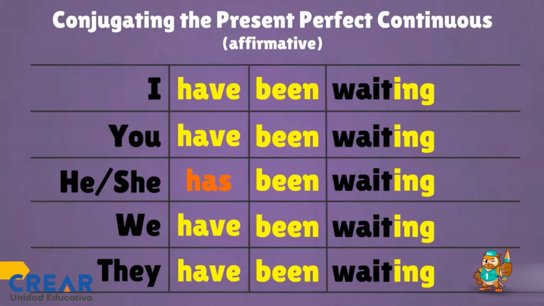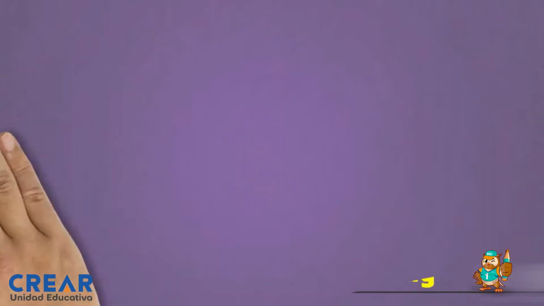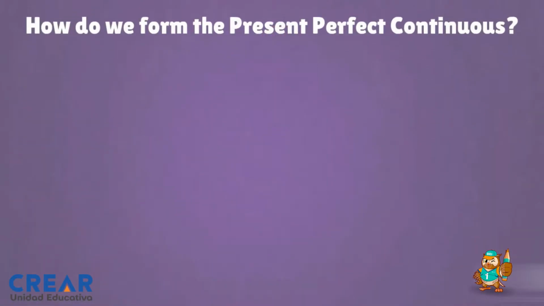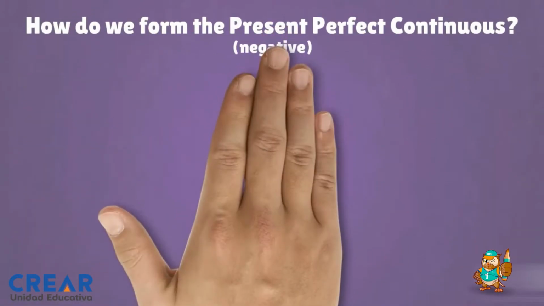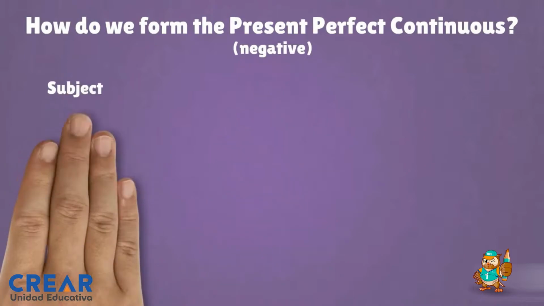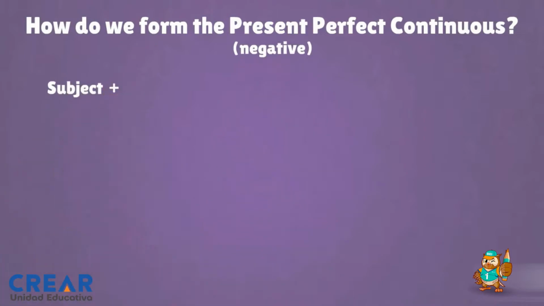Pretty simple, right? So we have to use the subject, the verb have or has, the verb be in past participle, the verb in present participle, the verb with ing, and the complement, the object. But how do we make that in negative? It is the same.